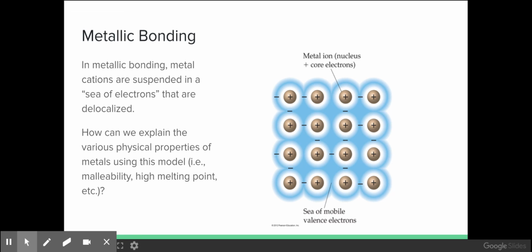So that's why metals typically have very high melting points. We also know that metals are very good at conducting electricity because electrons can travel through the sea of electrons very well. And the vibrations from heat energy can be transferred by these atoms because they have a very high degree of movement within that sea of electrons.